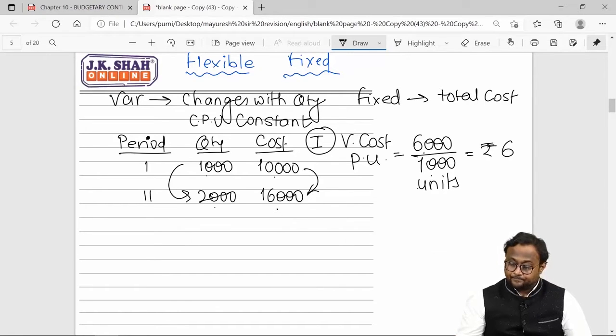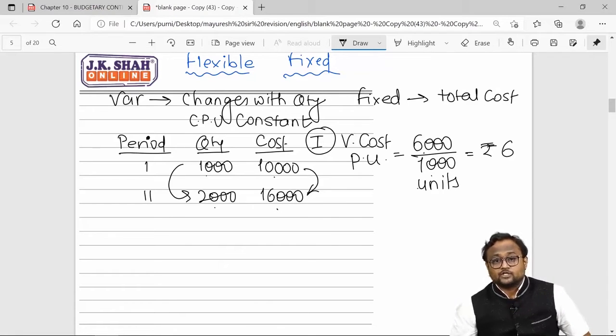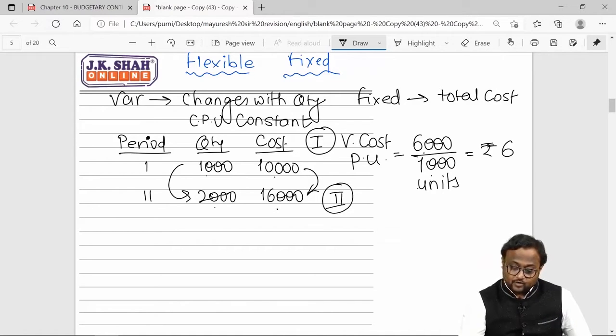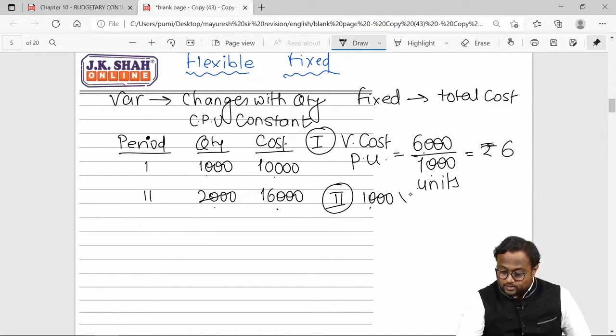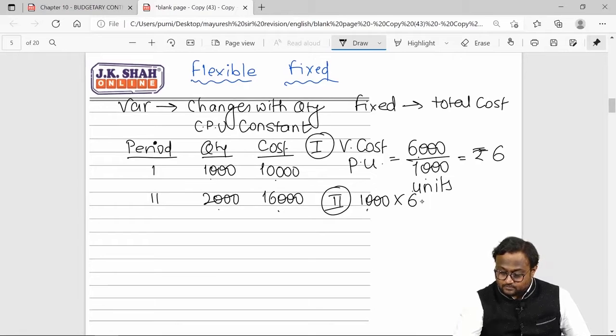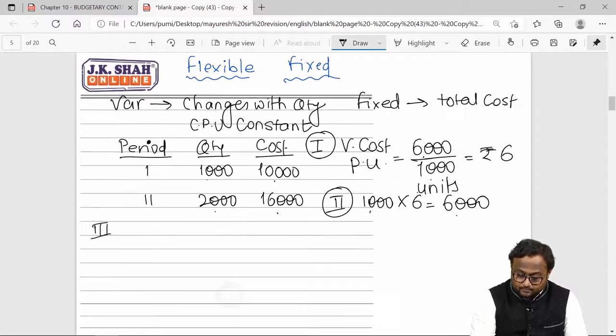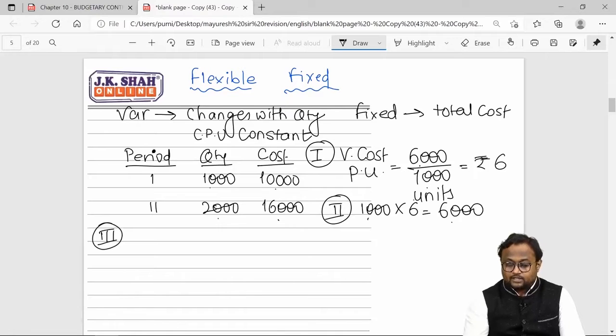Is this part clear? Since I have a variable cost of 6 rupees per unit, I can find out total variable cost for any one period. Let's go for the first period. 1000 units into 6, 6,000 is the variable cost.